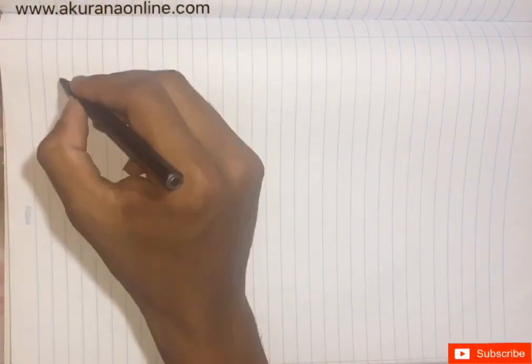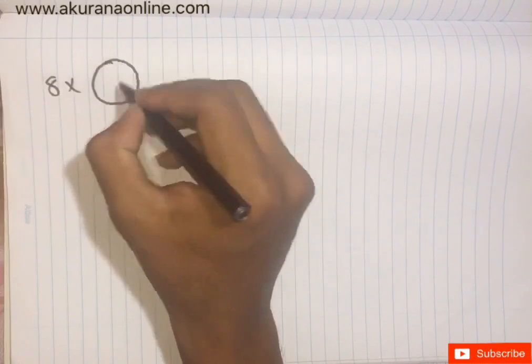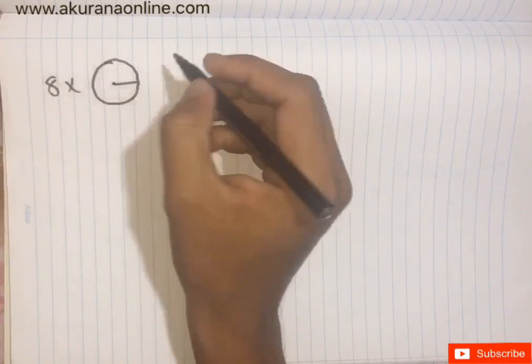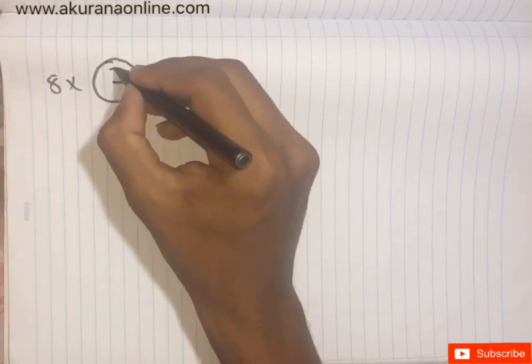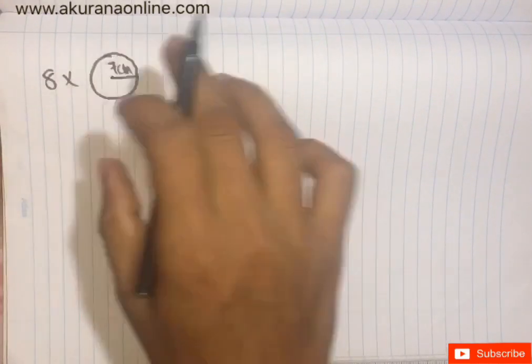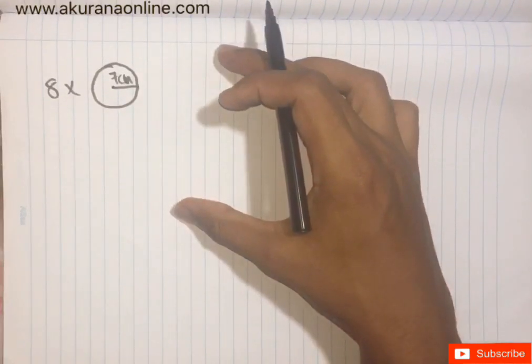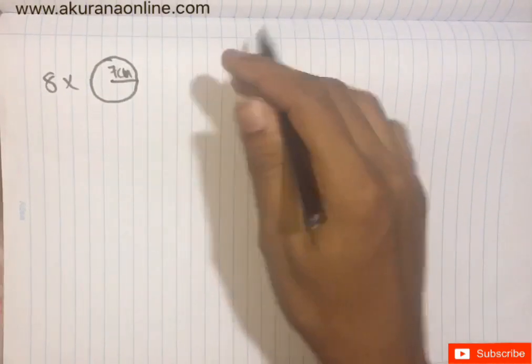Here what they are asking is, find the radius of a metal ball that is made by using all the metal obtained by melting 8 metal balls, each of radius 7 centimeters. You have altogether 8 metal balls with radius 7 centimeters. Now you are going to melt all this and make a bigger sphere, and you should be able to find the radius. That is what they are asking.